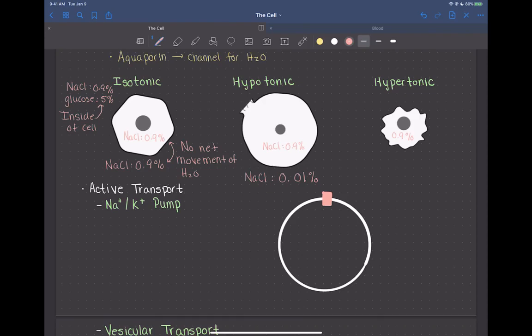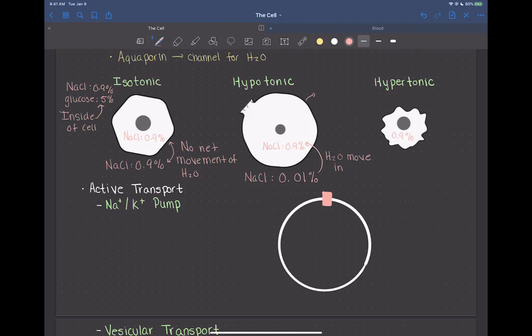So water is going to rush in towards that 0.9%, which is much more than 0.01%. So H2O is going to move into the cell, and that is going to cause the cell to swell, and the cell will eventually burst.